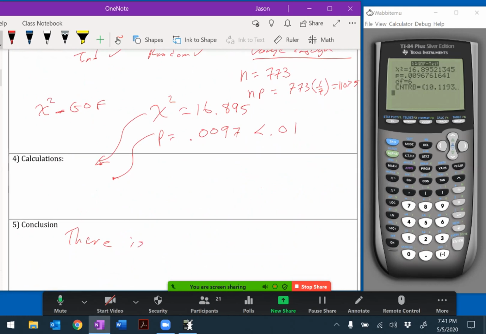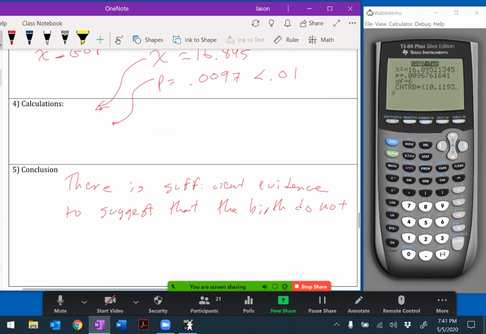So there is sufficient evidence to suggest that the births do not occur with equal frequency throughout the week.